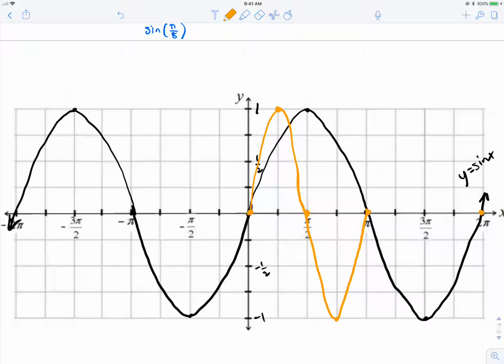And do your best to not make the waves look pointy. Okay, so that's one period. And extending into the negatives.